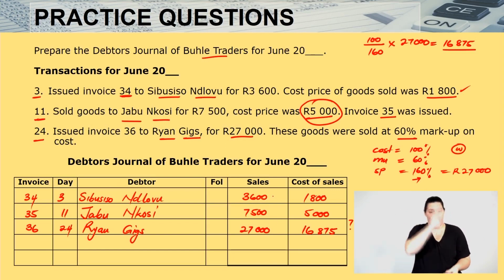Now, have your calculator close to you because we're going to close this off now. We're going to add now 3,600 plus 7,500 plus 27,000. That is going to give me 38,100.